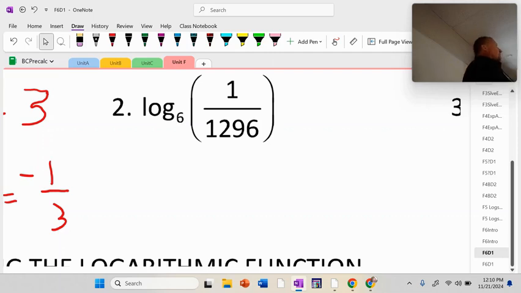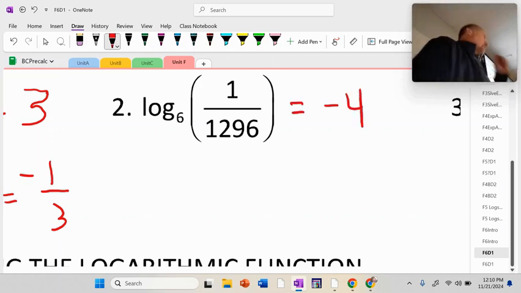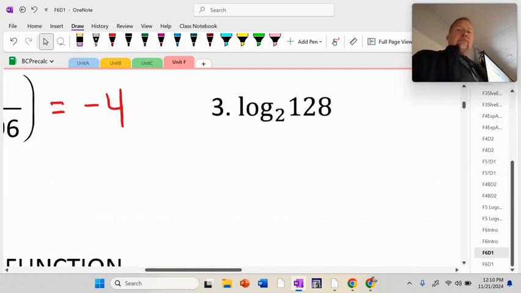Because what's 6 squared? 36. So you could surmise that 1296 is 36 squared, because 30 squared is 900. If this is supposed to be no calculator, these are supposed to work out. So that's why you get 6 squared twice. That's 6 to the 4, but it's negative because of the flip.